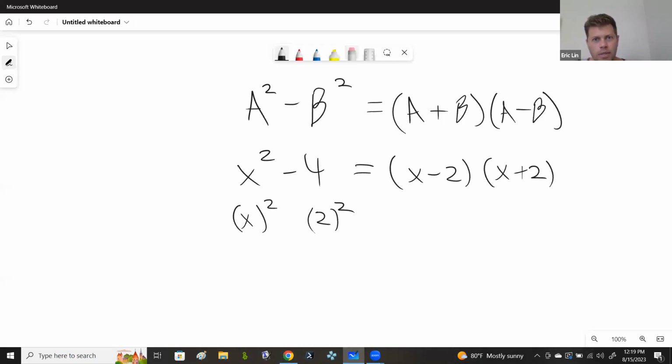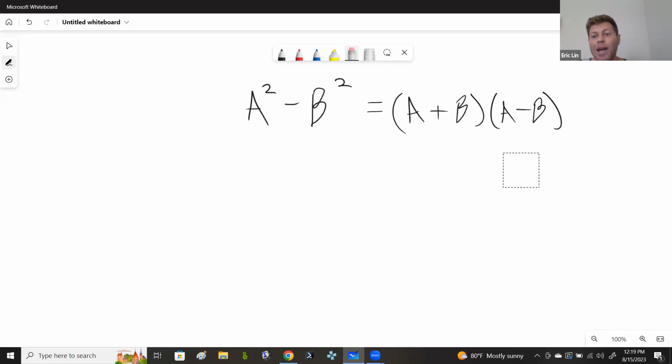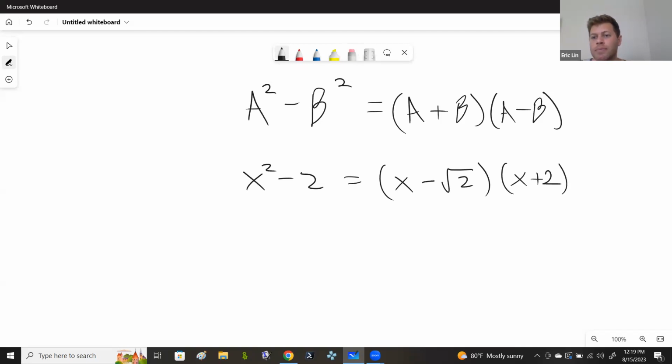Now, we can do this with things that don't actually look nice squared if we really wanted to. I could realistically say that this is x minus the square root of 2 and x plus the square root of 2.